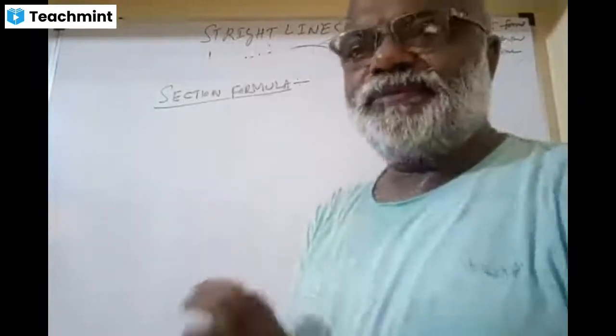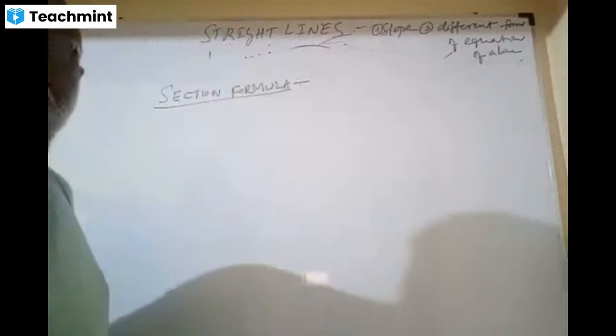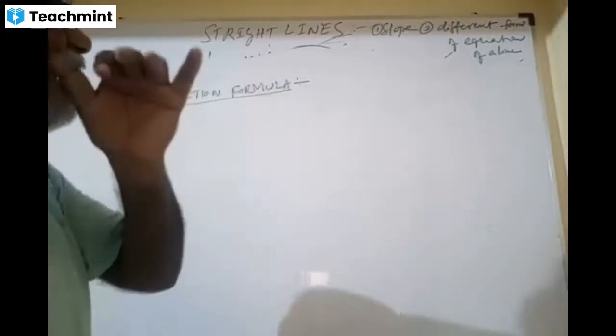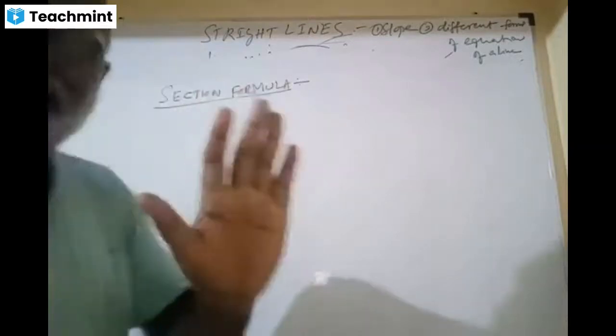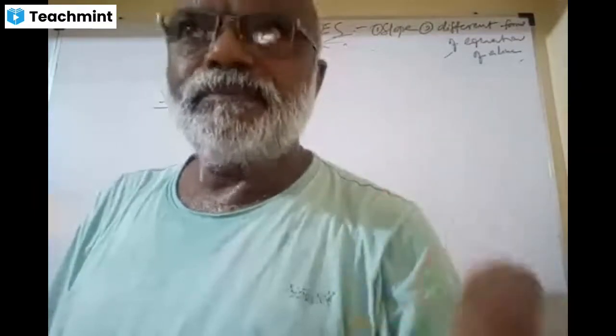Can you tell? Describe the section formula here. Don't worry, just tell it in your own words. The ratio in which a point between a line divides the line.